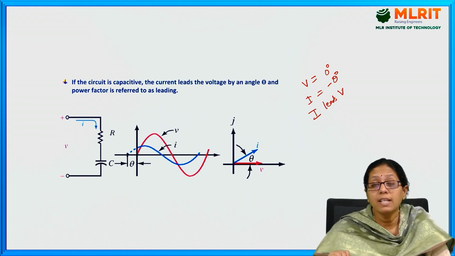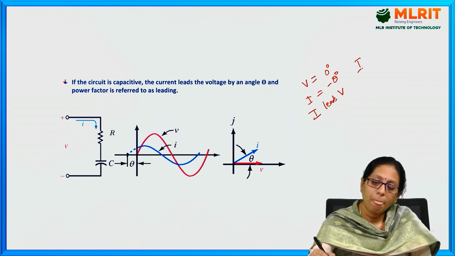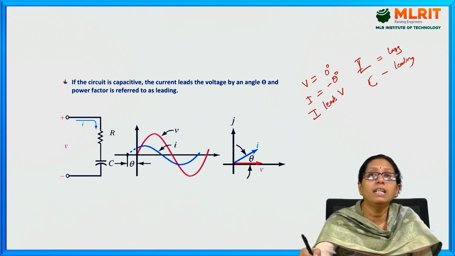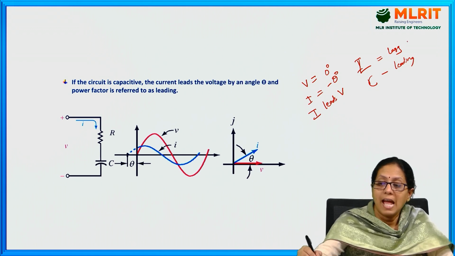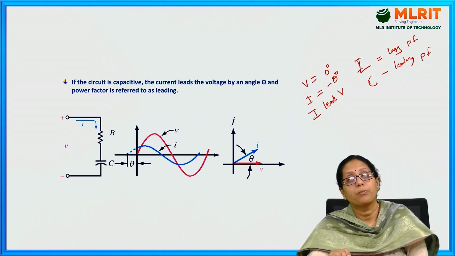In inductive load, we will call it lagging. In capacitive load, we will call it leading. So, the power factor is lagging for inductive loads and leading for capacitive loads.